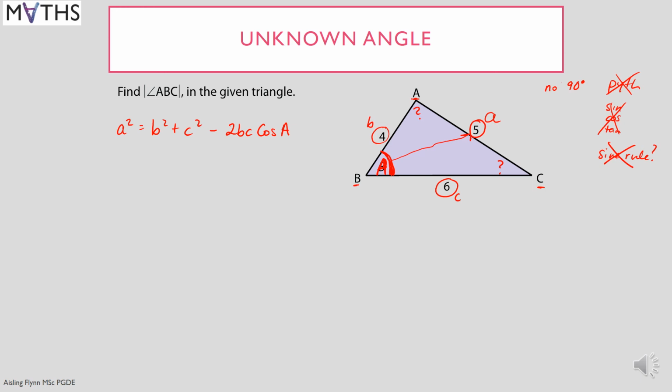Okay, so now let's fill in the information that we do have and see can we solve for what we need. Alright, so a, the side opposite our angle of interest, is 5. The other two sides are 4 squared plus 6 squared minus 2 times 4 times 6 cosine A. So we don't know that angle, but we do know everything else, so it is solvable.